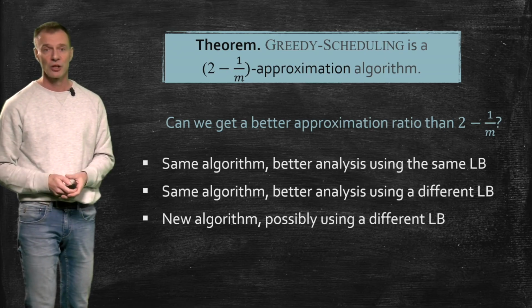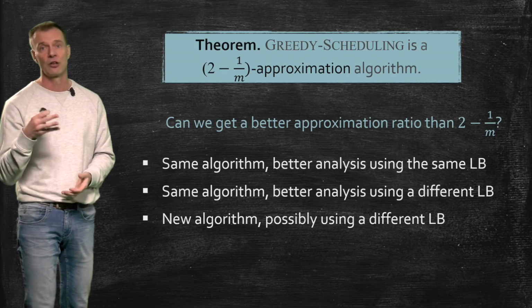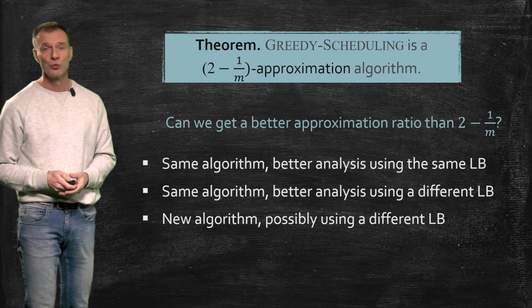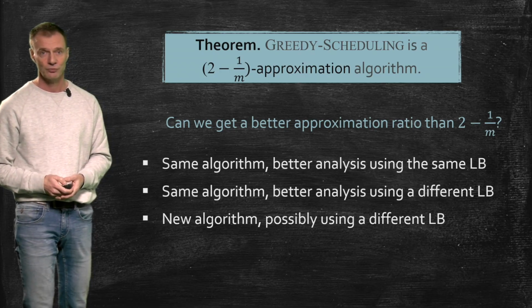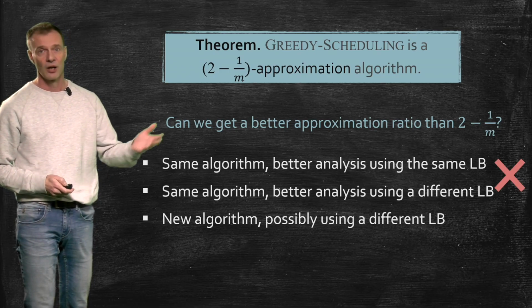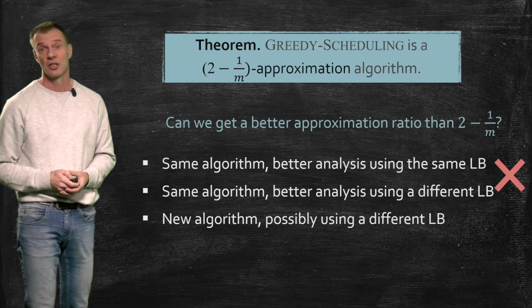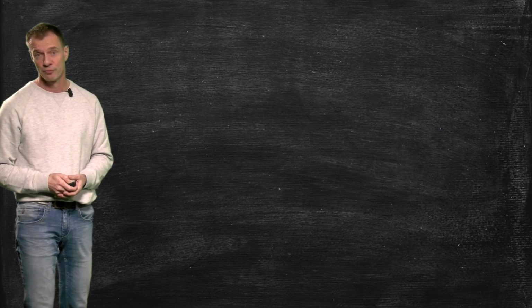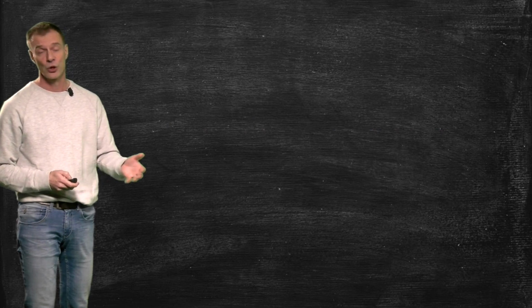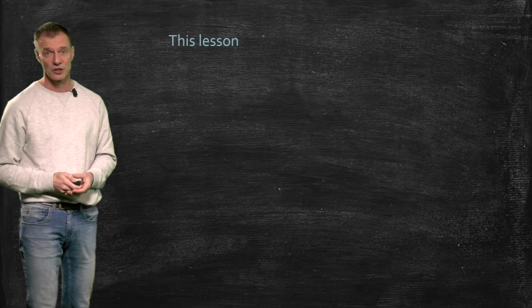So there's nothing we can do. If we want to do better than 2 minus 1/m, we really need to come up with a different algorithm. Okay, so the other 2 options are not possible, so what we need is a different algorithm. And that's what we're going to do in the next lesson.